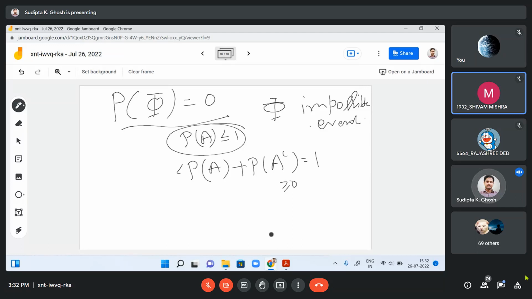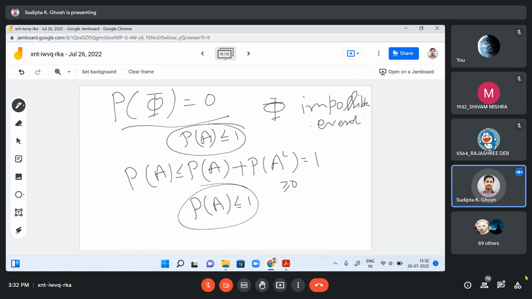So can I say the probability of A is less than or equal to 1? Exactly. So therefore, for any event, the probability has a range, and it always lies within this.